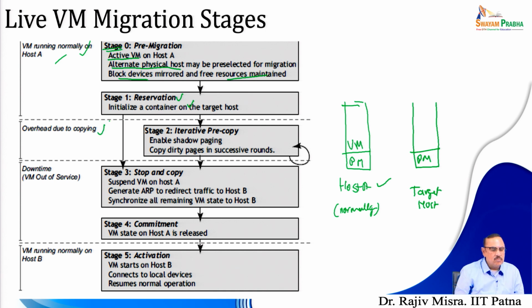Then there is overhead due to copying. So, iterative pre-copying, that is, it will enable the shadow paging and copy the dirty pages in successive rounds. This particular virtual machine will start this iterative pre-copy.